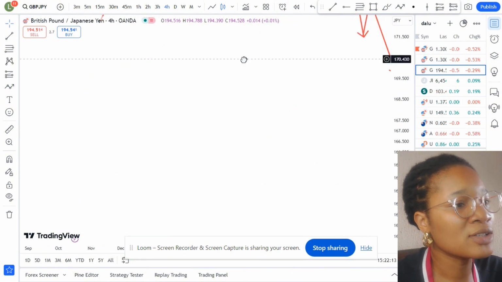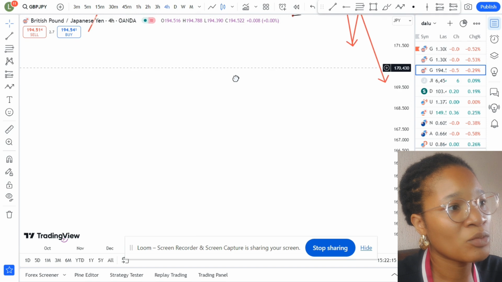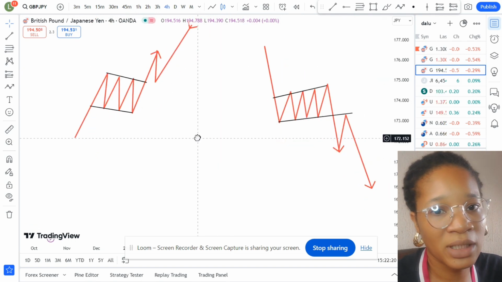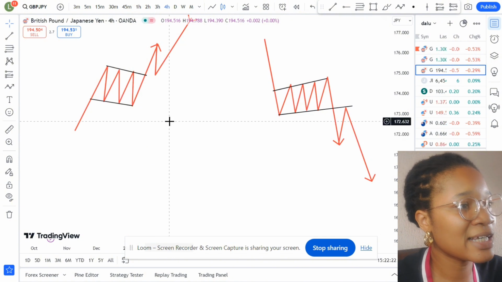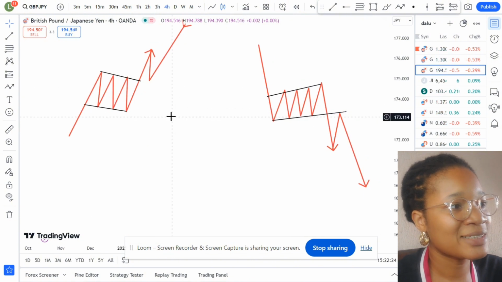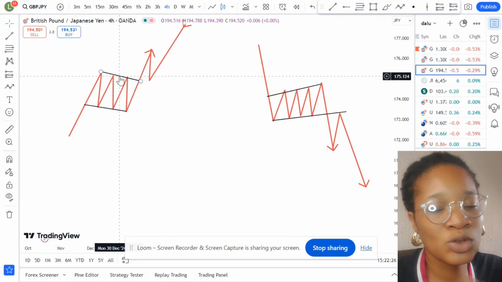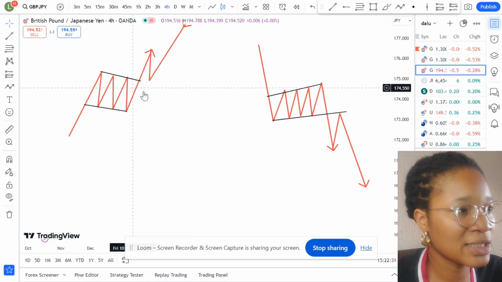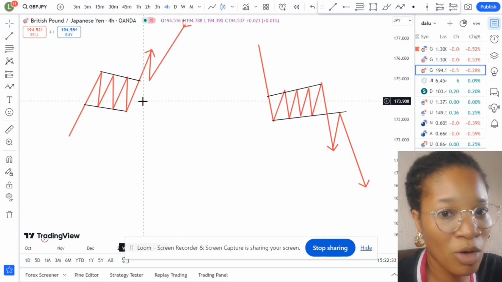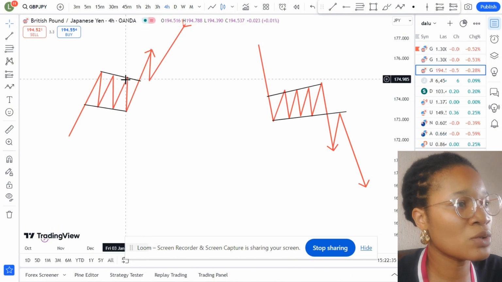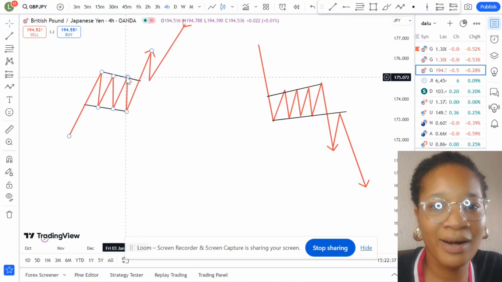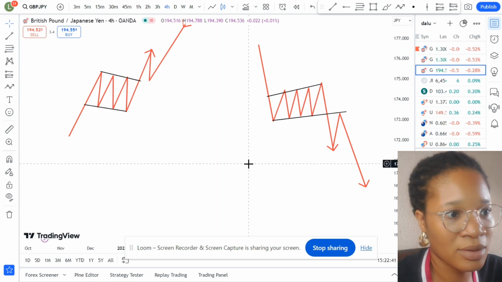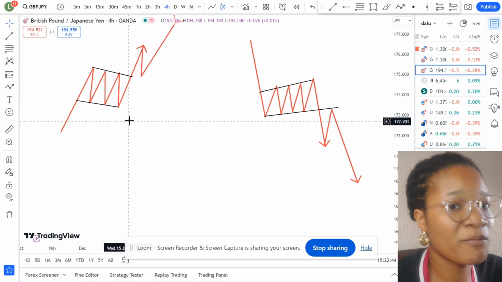Okay, so we also have one that looks almost like it, but I want you to notice something. In the case of flag patterns, if you draw a trend line across the resistance and support zones that touches the obvious points, you will see that it's almost like a pair of parallel lines.